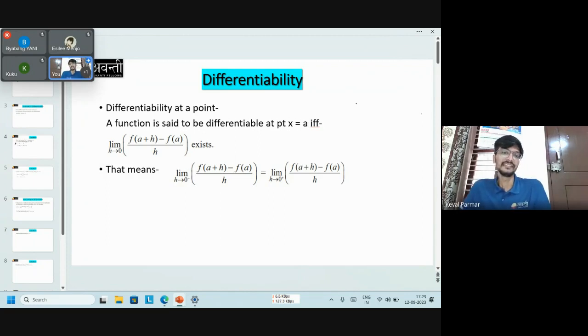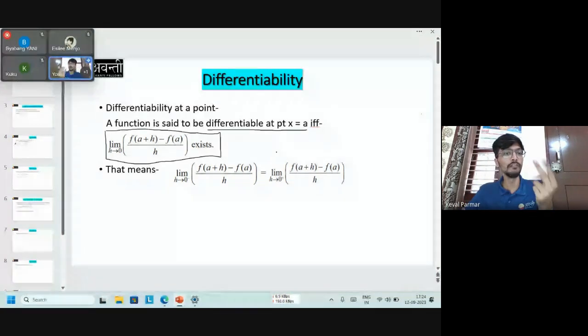Now, let us see how we algebraically define differentiation. A function is said to be differentiable at point x equals a if this limit exists. Similar to limits, where we always have a left hand limit and a right hand limit, if we consider the left hand limit and the right hand limit, this limit gives us differentiation.